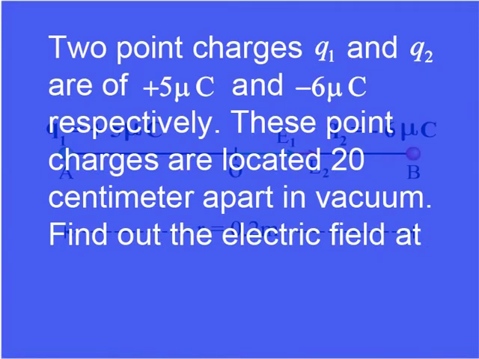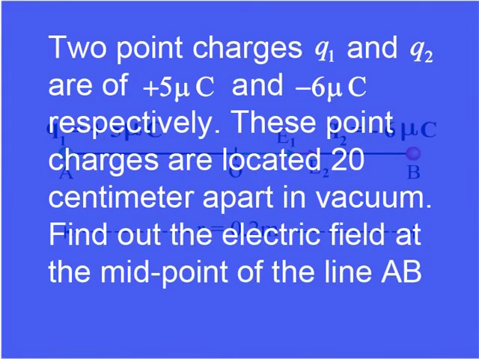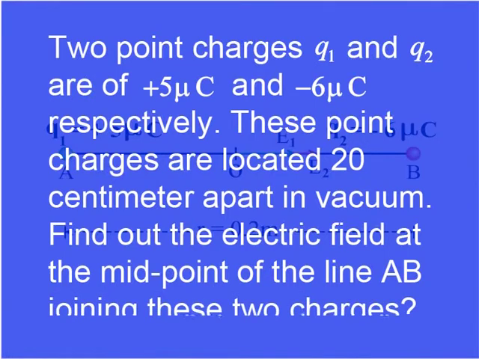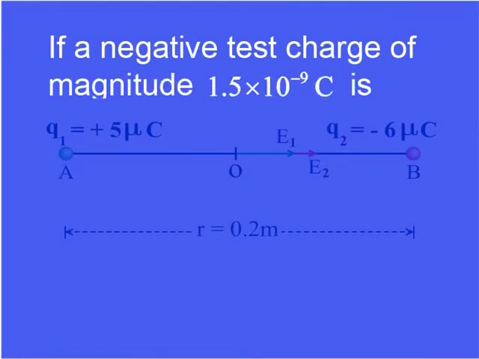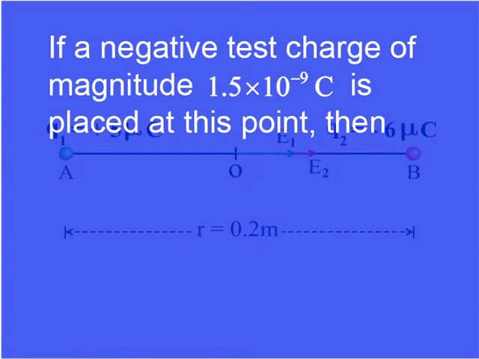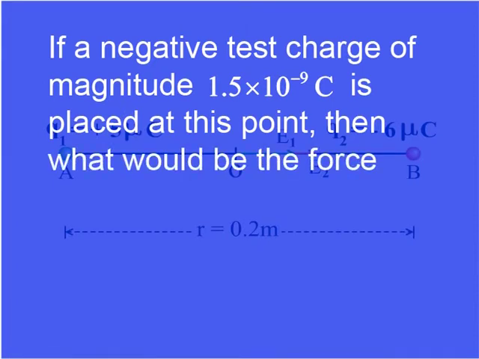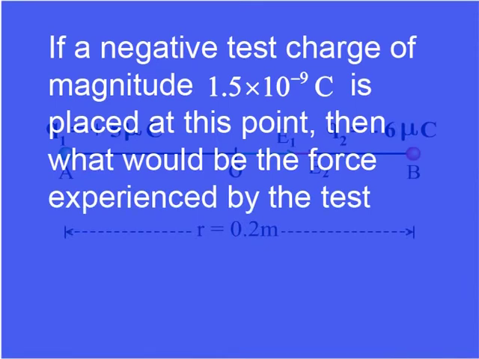You have to find out the electric field at the midpoint of the line AB joining these two charges. If a negative test charge of magnitude 1.5 into 10 raised to the power minus 9 coulomb is placed at this point, then what would be the force experienced by the test charge?